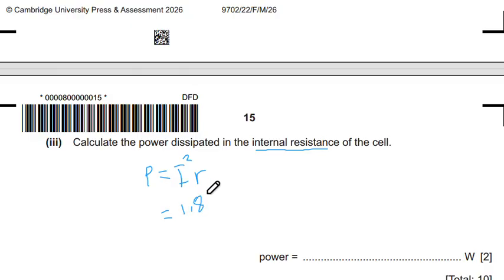So the current in circuit is the current that passes in the internal resistor, and this is the value of the internal resistance. And the answer should be certainly in what unit?